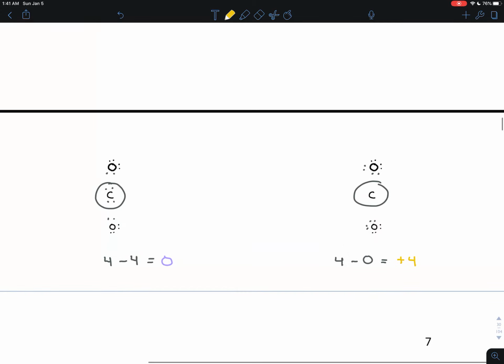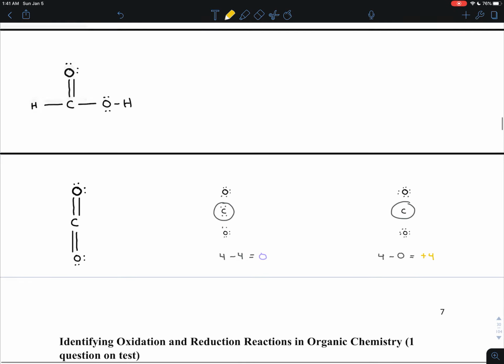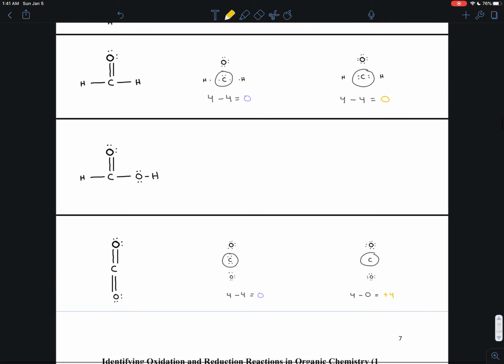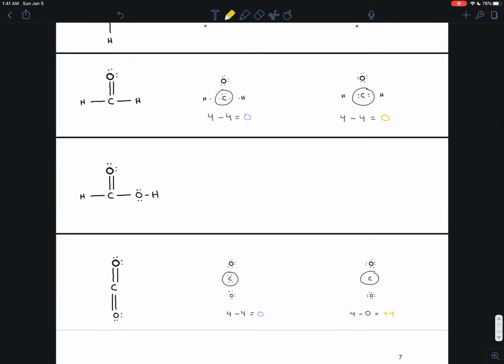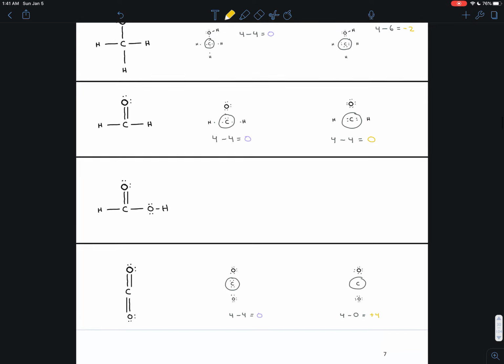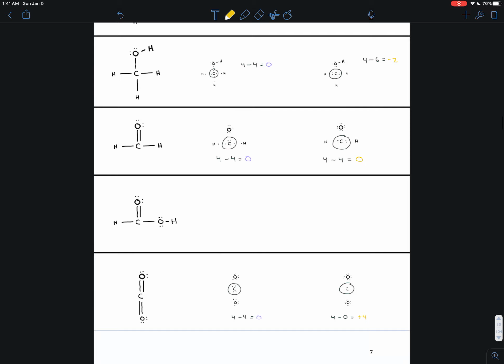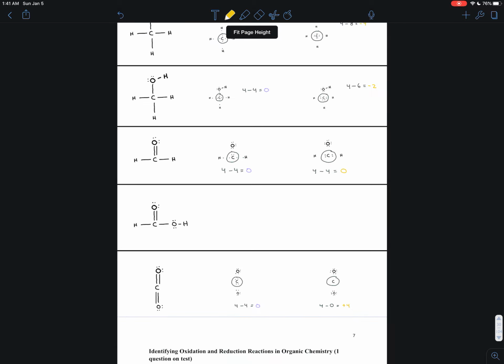Okay, and so again we see that the formal charge and the oxidation state are very different. The oxidation state changes as you get more electronegative atoms bonded to an atom, because it changes where the electrons in the bonds are going.